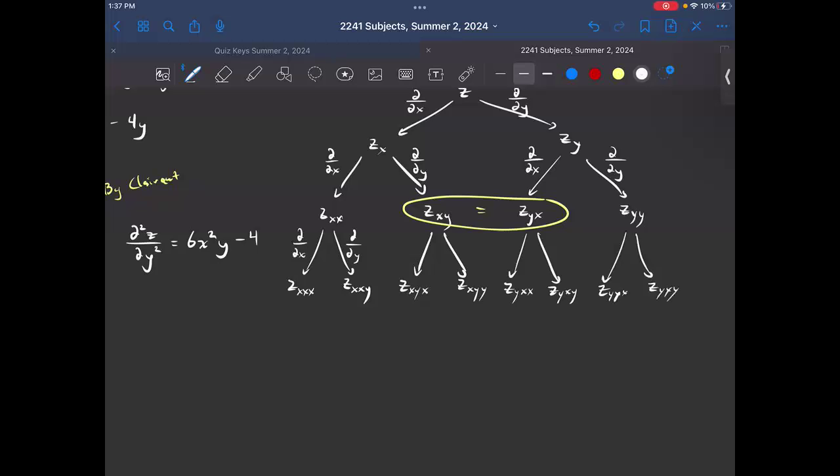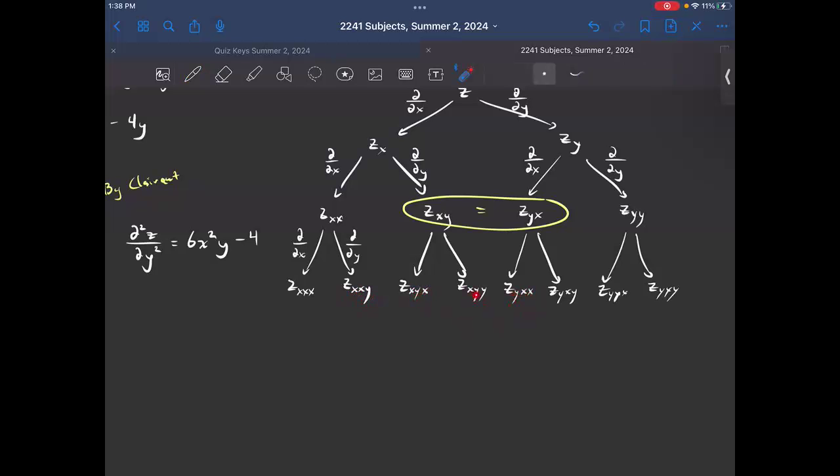Okay, and so now what Clairaut's theorem is going to do is squish together anything that has the same number of x variables and y variables. So let's see, we have two x's here and one y, same here and same here.